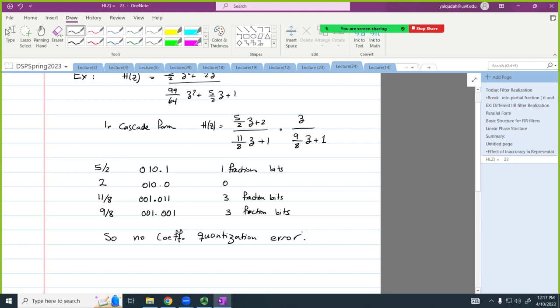Is that clear? Does that make sense? Does anybody know the logic behind all this? The number of fraction bits used to implement, is that something that will be given normally?